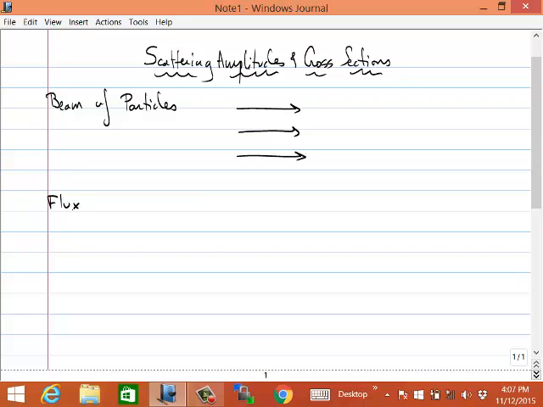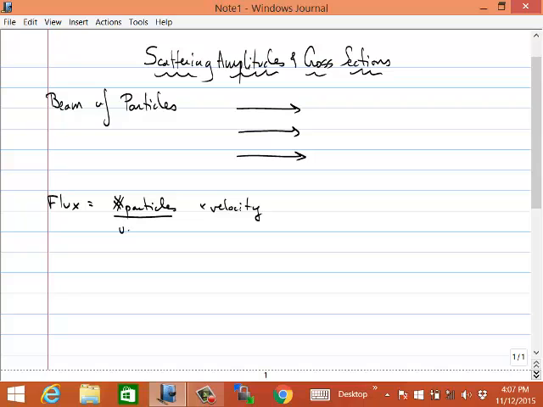Well, one way of characterizing the beam of particles is by talking about the flux of particles in this beam. So here, what is the flux of particles? The flux is the number of particles times the velocity that those particles are traveling at. And when we talk about a flux, we usually mean something like a flux per unit volume.